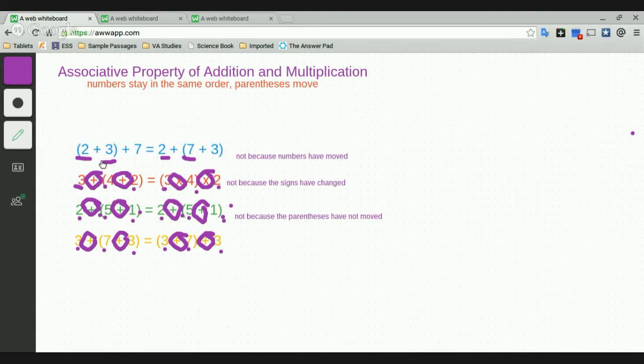So this one is an example because the numbers are in the same order, the signs stayed the same, and the parentheses moved. So that is why the first 3 were not and the last one is.